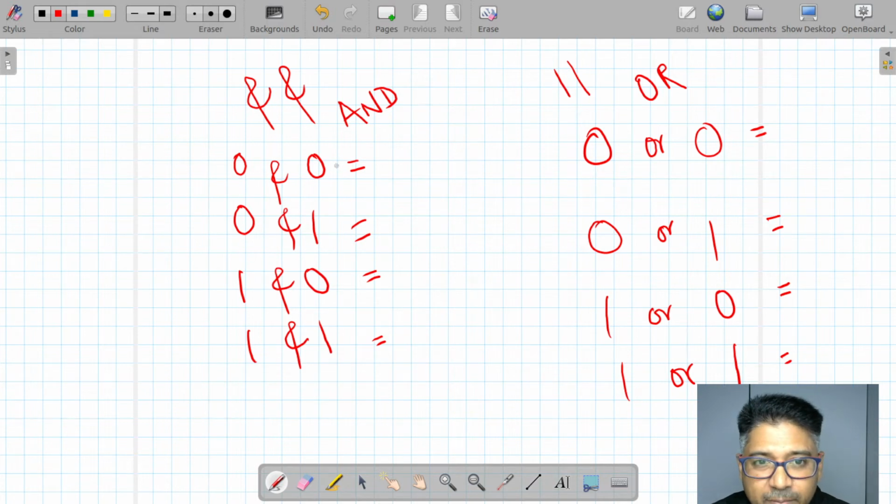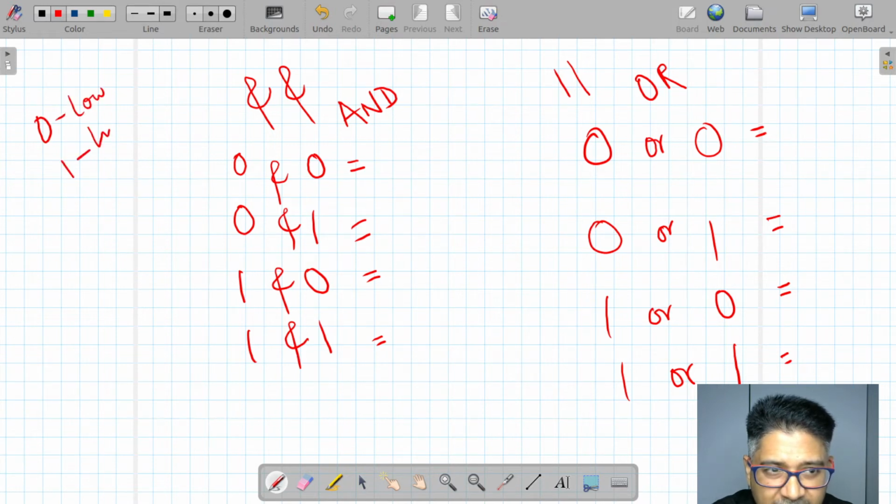If you remember logic, 0 is the low voltage and 1 is high. OR means choice, so you do addition. If it's 0 and 0, it will give what? Of course 0.